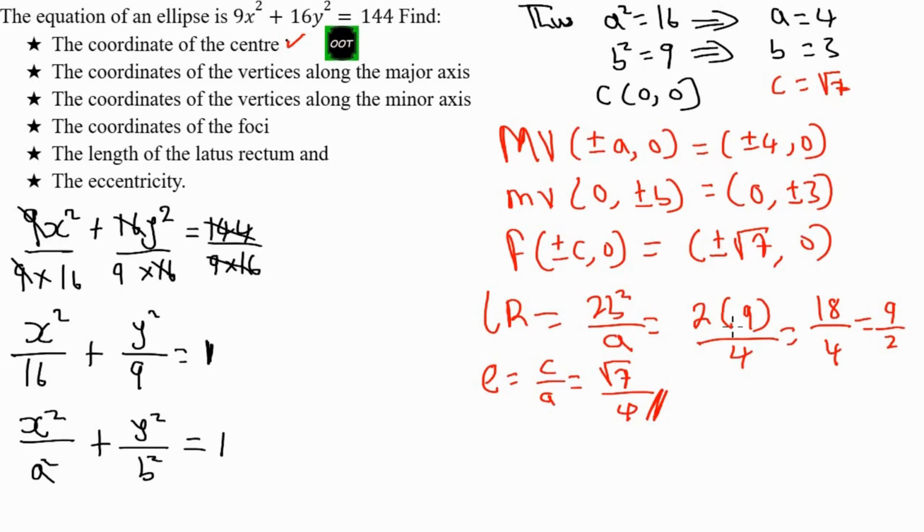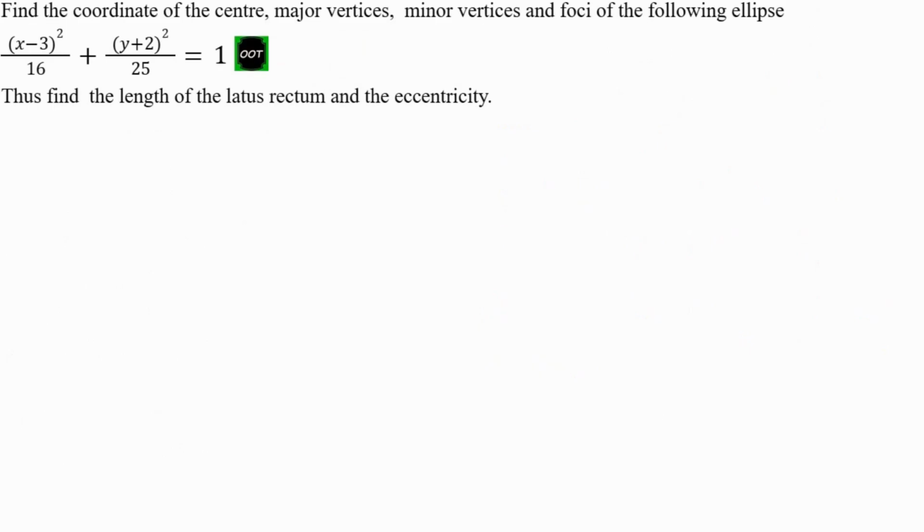How you grab it? Now let's consider a situation where we have an ellipse that is not centered on the origin, and then compare the difference. So, example number 2. Find the coordinates of the center, the major vertices, the minor vertices, and the foci of the following ellipse.